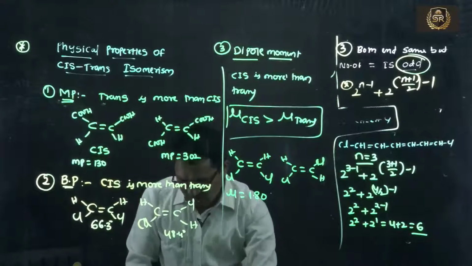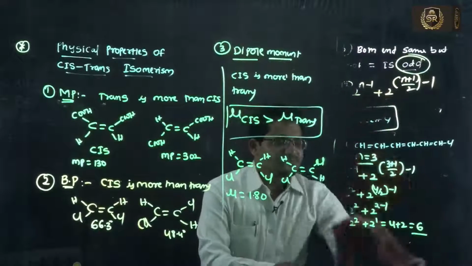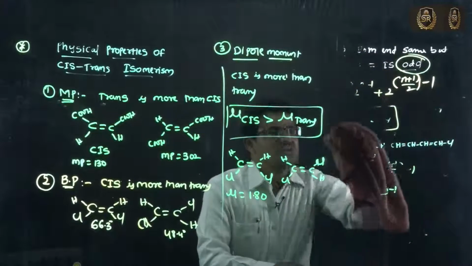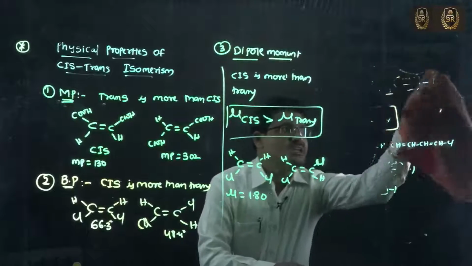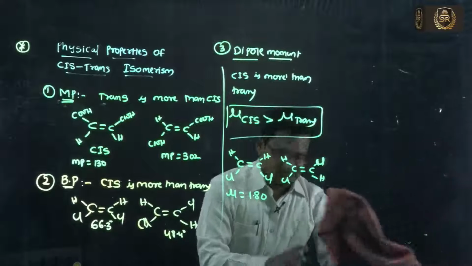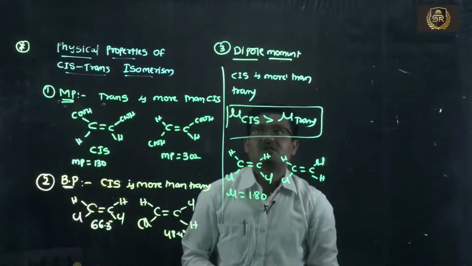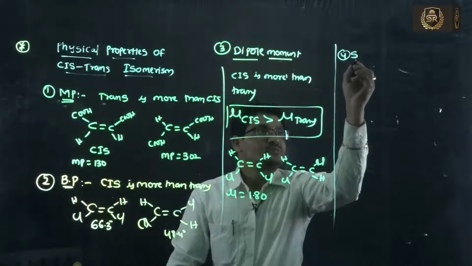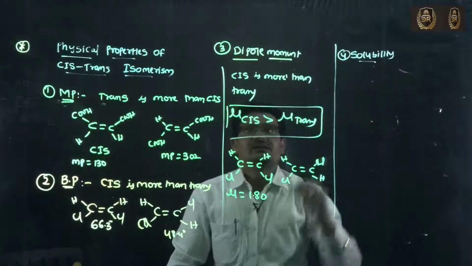The next one, solubility. What is the solubility? The solubility also, trans is more than cis. Fourth physical property is solubility.